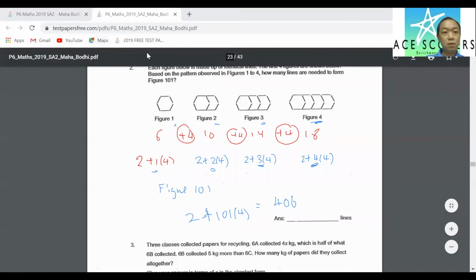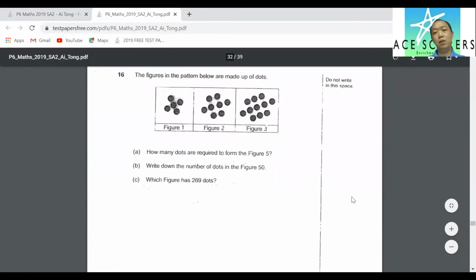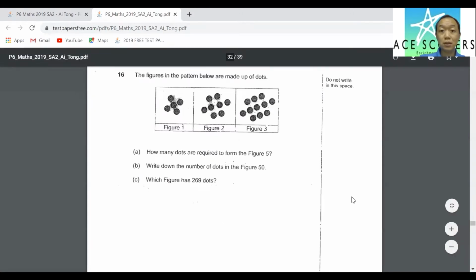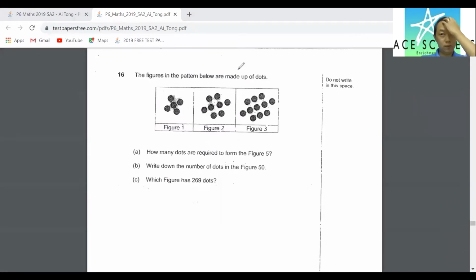Next, the figures in the pattern are made of dots. How many dots are required to form the figure 5? So let's count them. 5 dots. 1, 2, 3, 4, 5, 6, 7, 8 dots. 4, 5, 6, 7, 8, 9, 10, 11 dots.